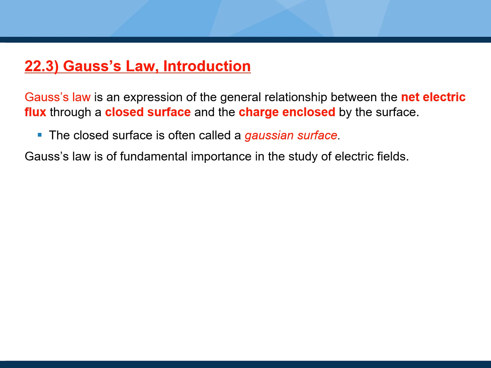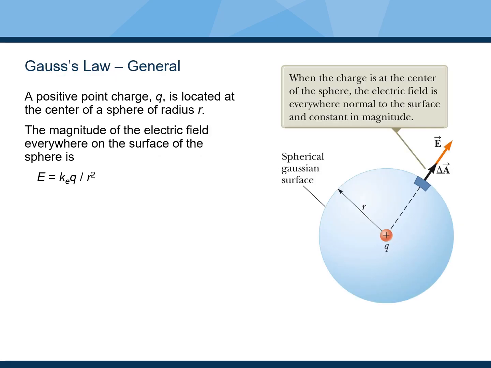We have a very specific name for such surfaces. We call them Gaussian surfaces because they're the surfaces that we use to solve our Gauss's law problems. Now let's tack down Gauss's law in the simplest of contexts, where we have studied the situation already.